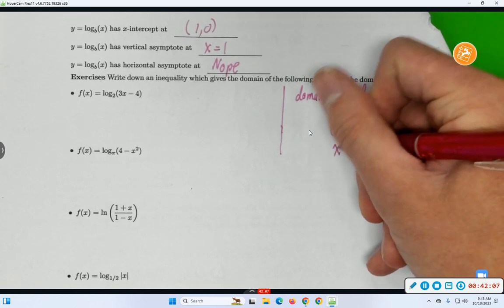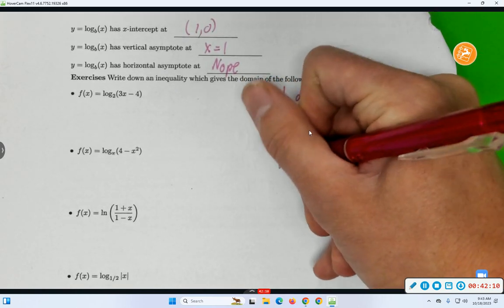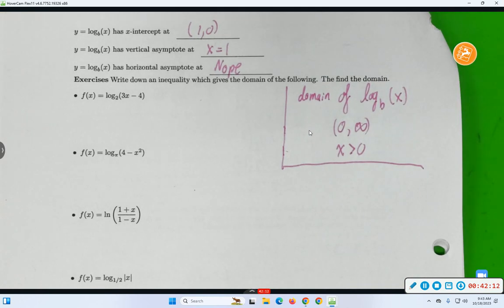So that means the thing inside of the log needs to be strictly positive. It's kind of like with square roots, except it's strictly greater than instead of greater than or equal to. You can find domains of things involving logs the same way as you would the domains of things involving square roots.